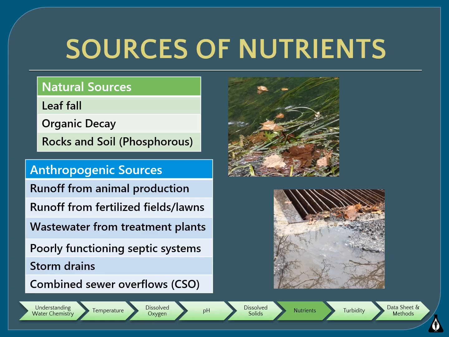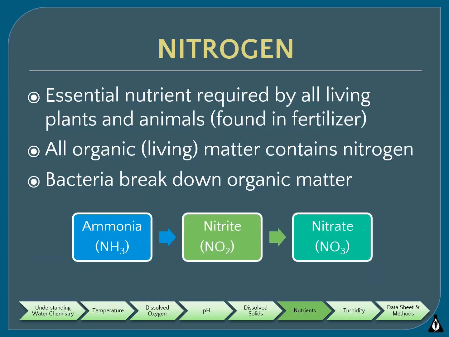Nitrogen is an element that's essential to all living organisms, and all organic matter contains nitrogen in some form. There are different kinds of bacteria that can break down organic matter. Nitrogen's most stable form is nitrate, so it goes from ammonia to nitrite to nitrate.